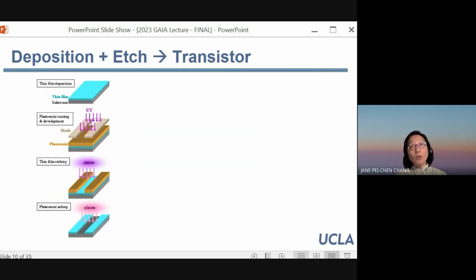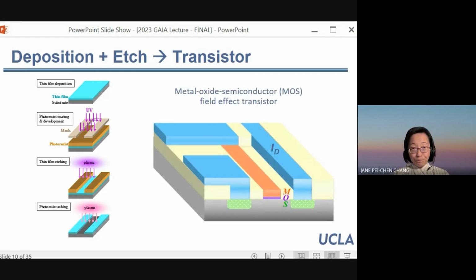So if we were to use these plasma-based processes to do thin film deposition, laying down materials, or thin film etch, which is to remove materials after a photolithography process, we can build complex structures such as a transistor.